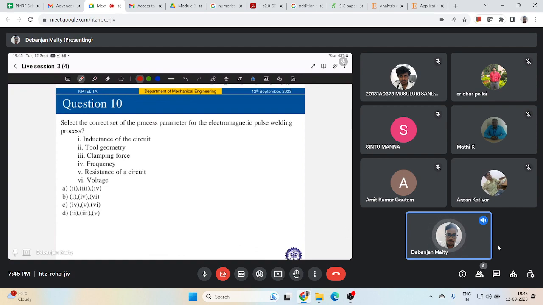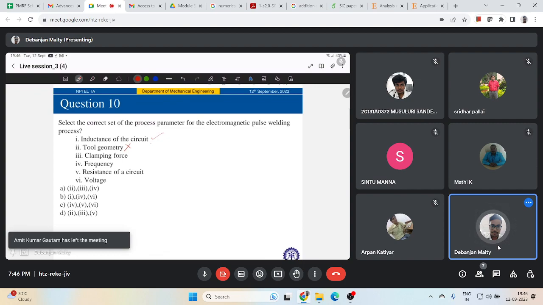Select the correct set of process parameters for the electromagnetic pulse welding process. Inductance of the circuit, true or false? True, sir. This is true. Tool geometry, there is no tool, of course.